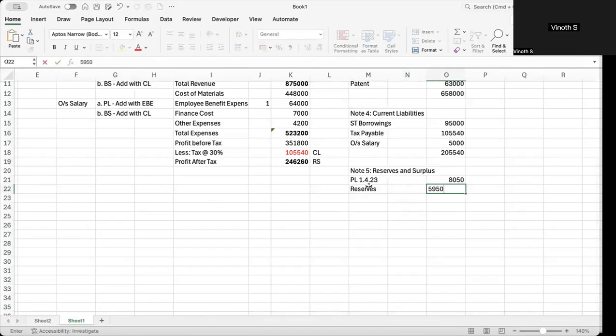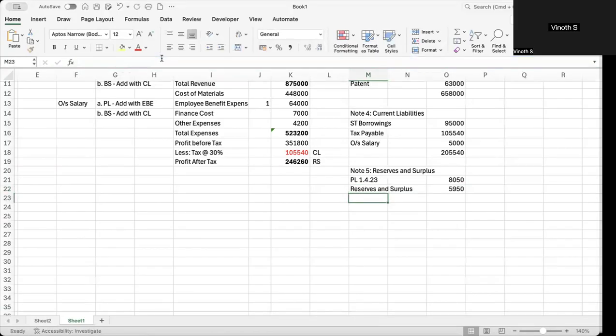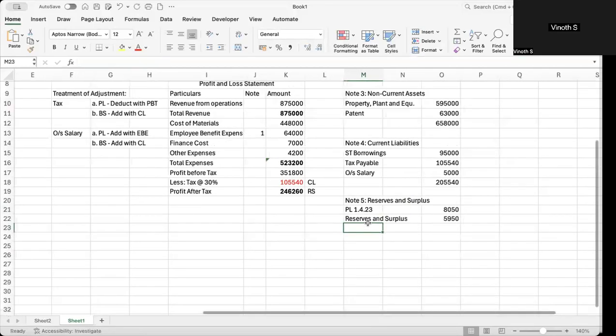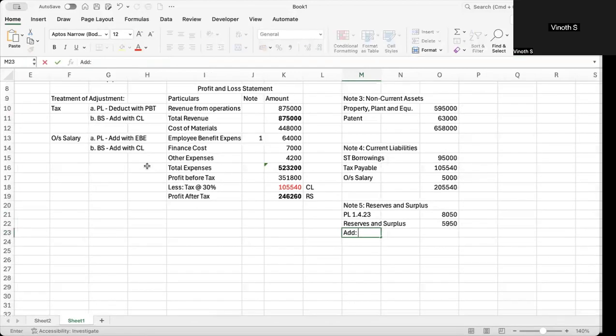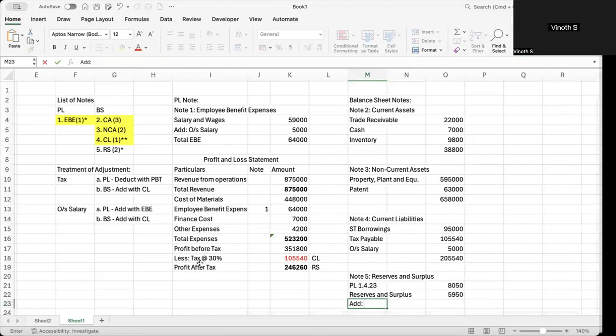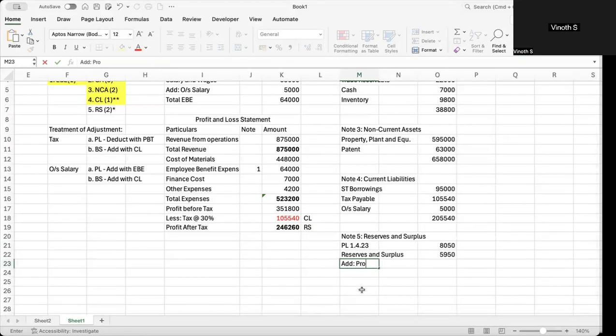I will write the full item only. Reserves and surplus. Right? And one more item, what are we adding as per the third item in the adjustment? That is profit after tax. Already we have noted it in the P&L. Profit after tax, that is 2,46,260.